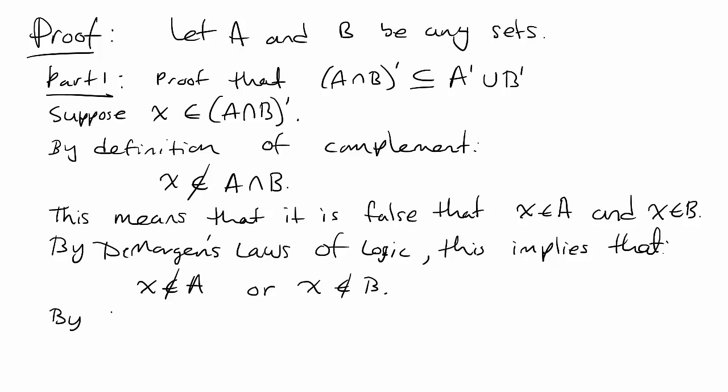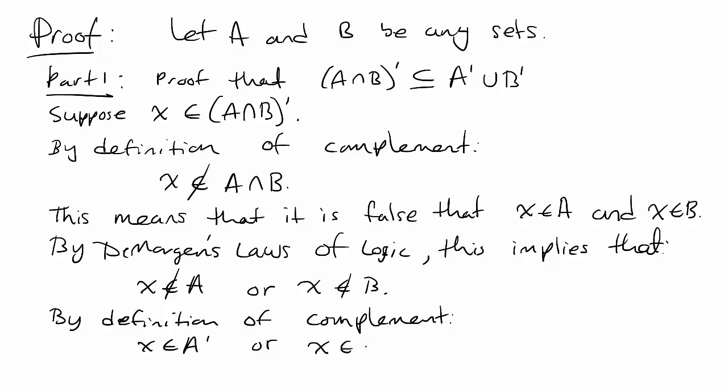So by definition of complement, X is in A complement or X is in B complement. Okay, I need one more line for this part 1, but I've run out of room, so we're going to go to the next page.